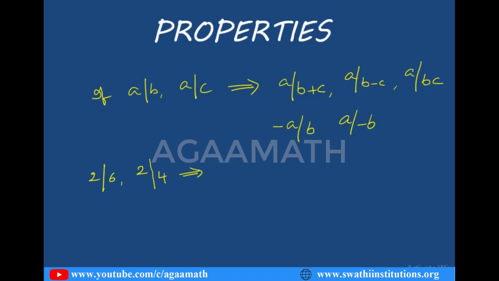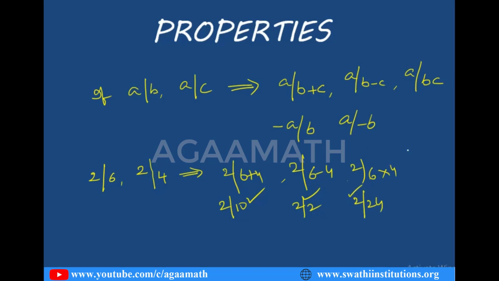Now check. 2 divides 6 plus 4, which means 2 divides 10, which is right. 2 divides 6 minus 4, so 2 divides 2, which is also right. 2 divides 6 into 4, 2 divides 24. Yes, it is also right.